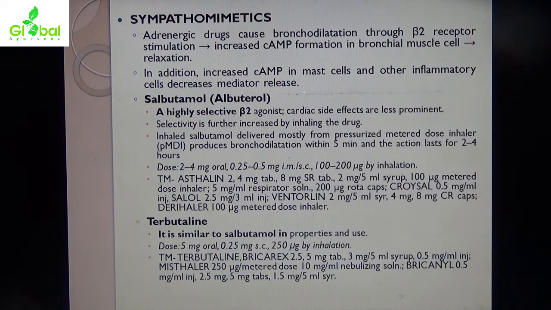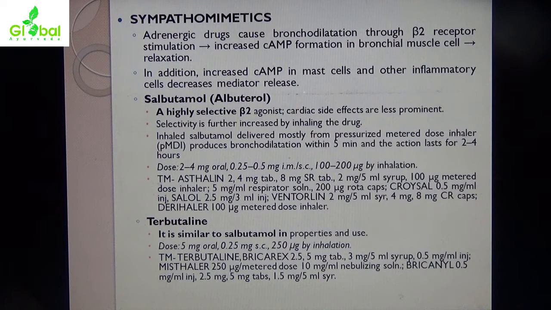Adrenergic drugs are the mainstay of treatment of reversible airway obstruction, but should be used cautiously in hypertensive and ischemic heart disease patients and in those receiving digitalis. They are fast-acting bronchodilators when inhaled. Though adrenaline and isoprenaline are effective bronchodilators, selective beta 2 agonists are now more used in asthma to minimize cardiac side effects.